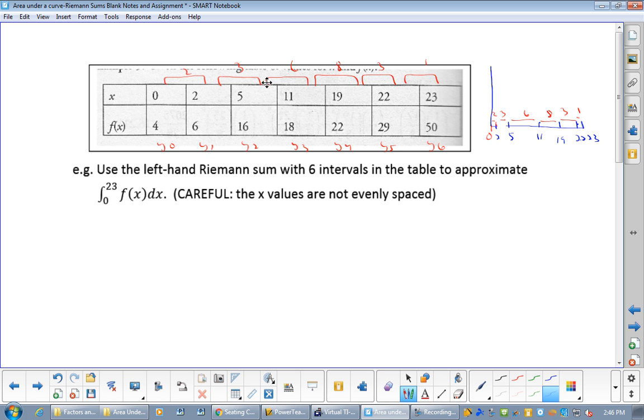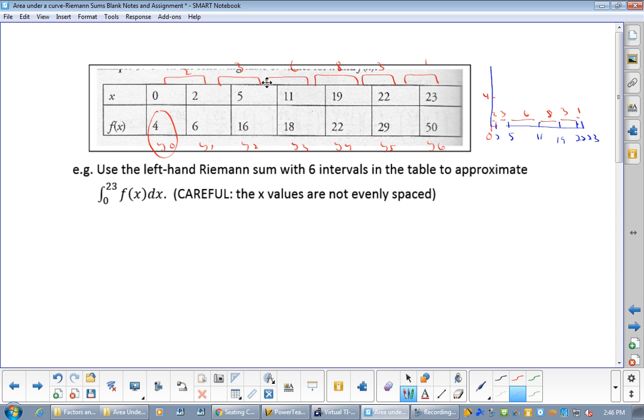The first one is going to be 2 high, or sorry, y0 is 4, so it's going to be 4 high. My width is 2. So you can see y0 is 4. At the very left, this one's going up to about 4.